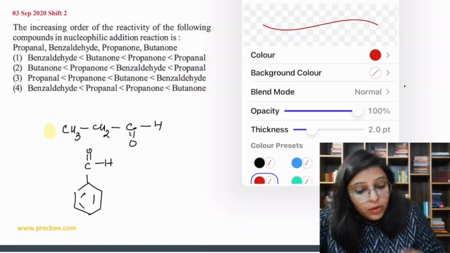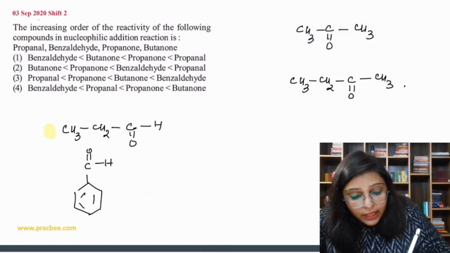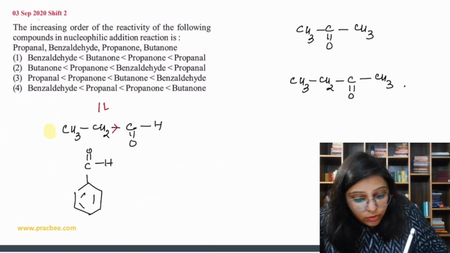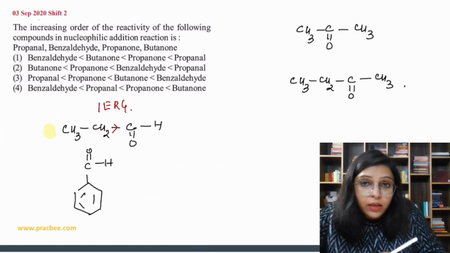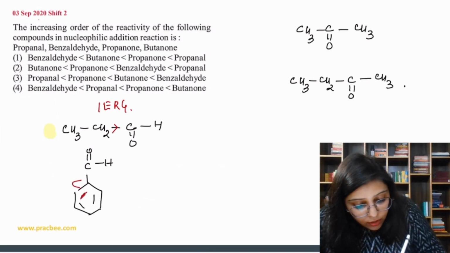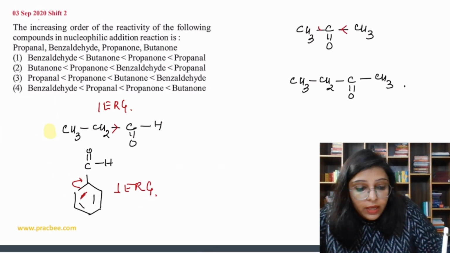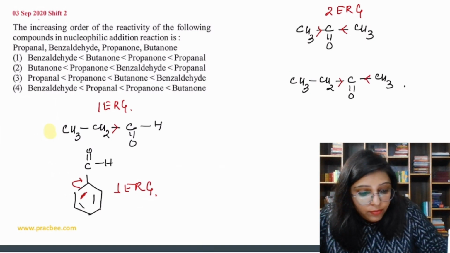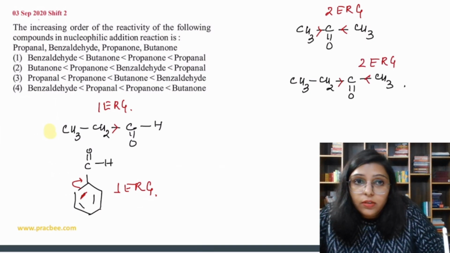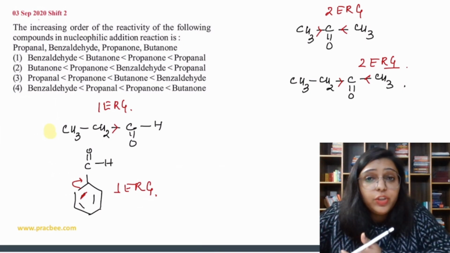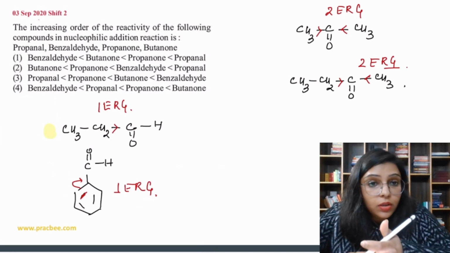So see, we have aldehyde, in which we have one electron releasing group, CH2CH3. If you take benzaldehyde, again one electron releasing group is there. If you take ketone, we have two electron releasing groups, and if you take butanone, we also have two electron releasing groups. Understood? So the point is, which one is more electrophilic?